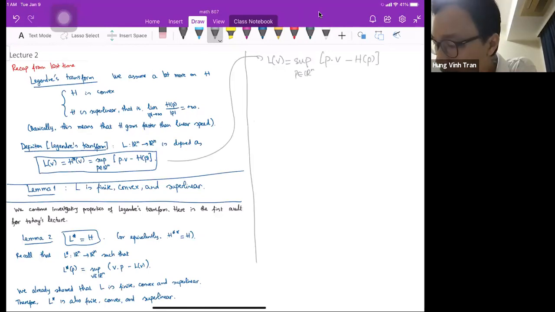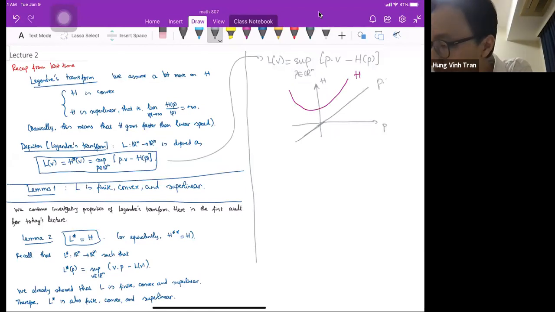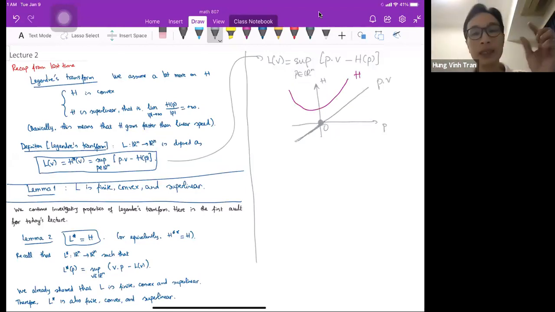And in terms of the picture, last time we talked about that. Let me record here. If you draw the graph of H, then what you're doing is taking the difference, in 1D, where p dot v is this line going through the origin, and you're taking the difference p dot v minus H. In this case, clearly p dot v is below the graph of H, so that the Lagrangian at v is negative.